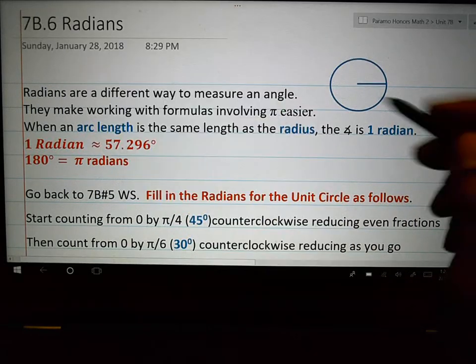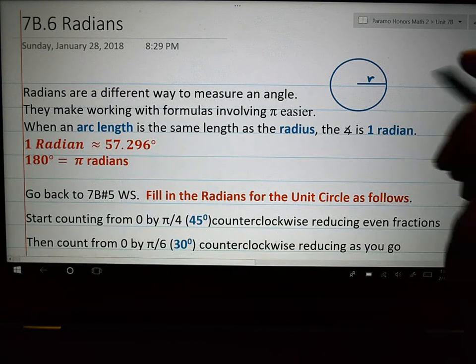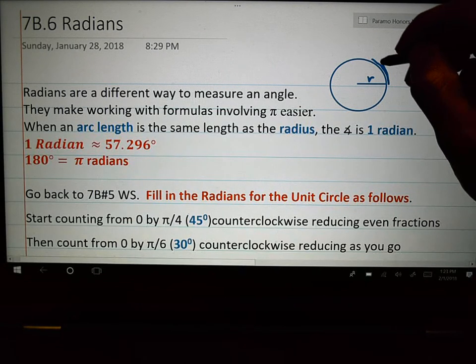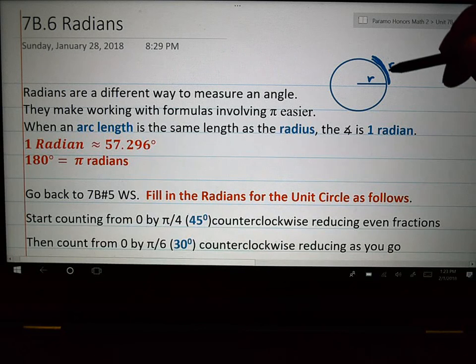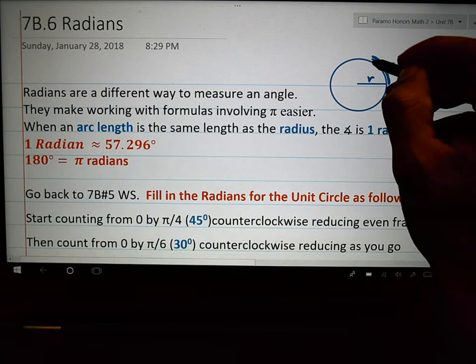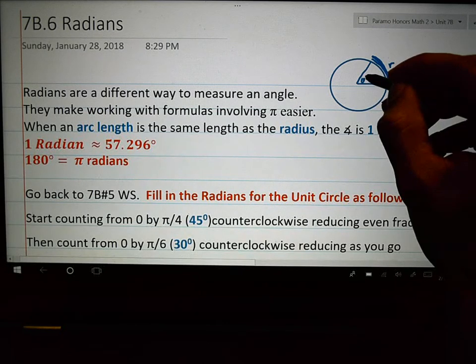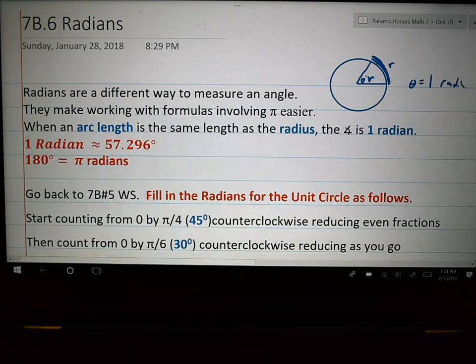And your radius is blue. A radian, by definition, what is 1 radian? It's when your radius and your arc length are the same distance. When this distance around the curve is the same distance as that r, then the angle formed is 1 radian.